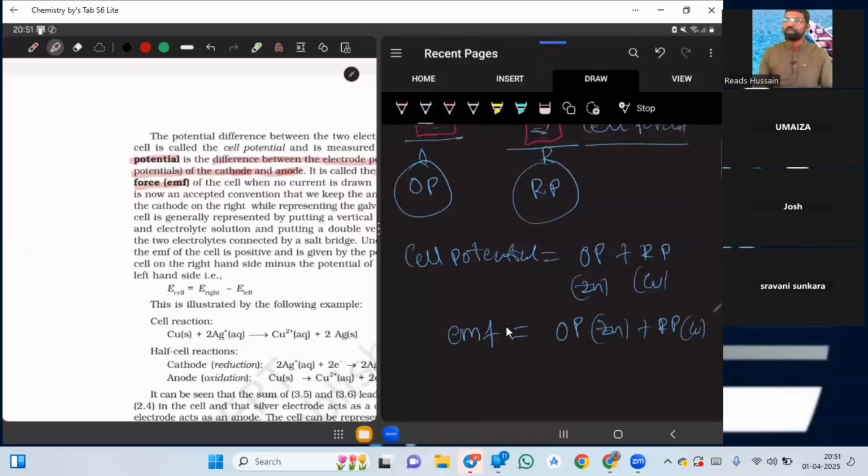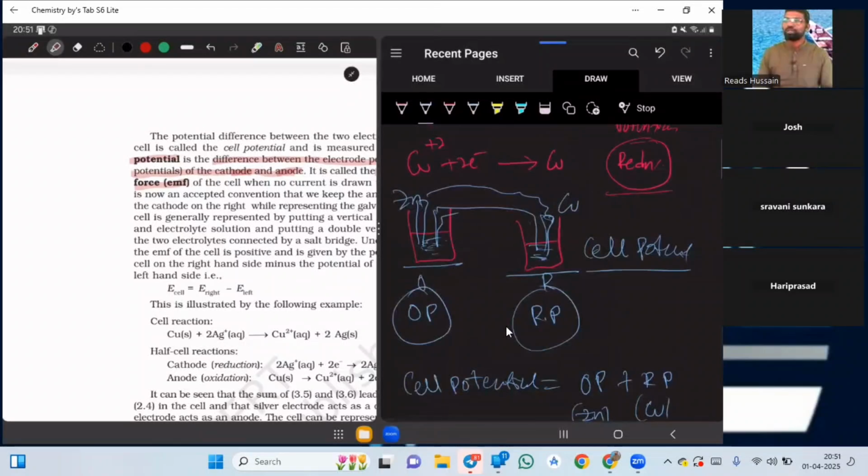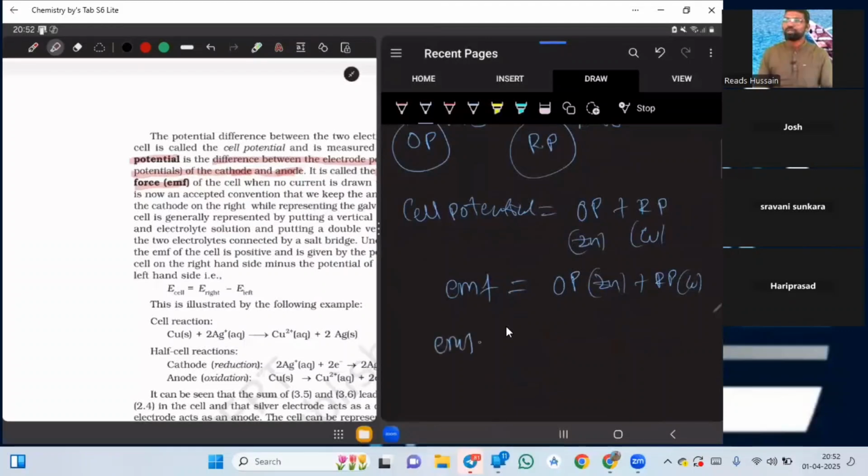So in this diagram, what is the position of anode? Anode means this one, where oxidation is taking place. It's the left side, and where the reduction is taking place, it is on the right side. This is the left hand side. This is the right hand side, isn't it? So EMF of the cell is equal to E left hand side potential plus E right hand side potential, RHS.